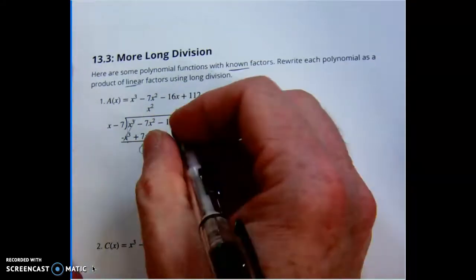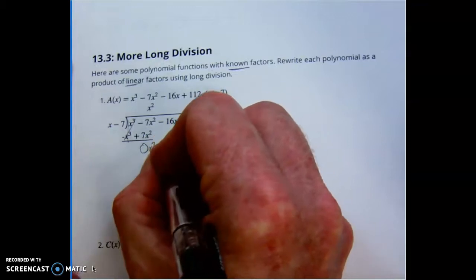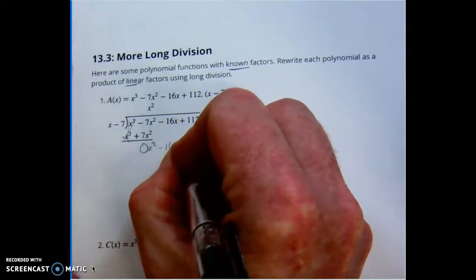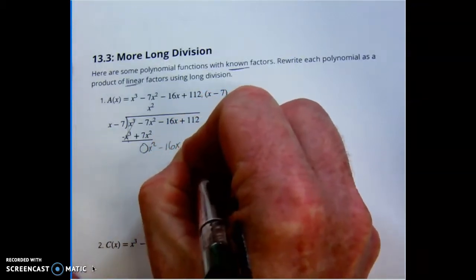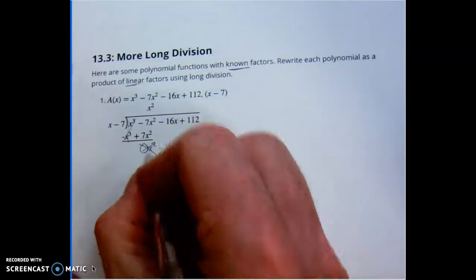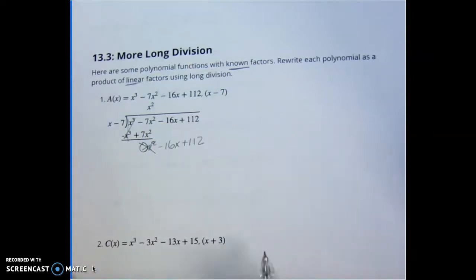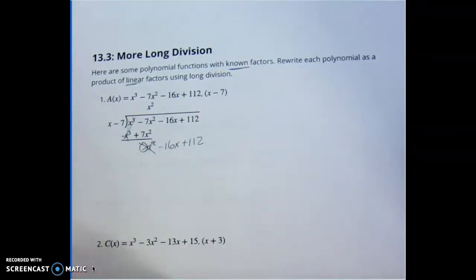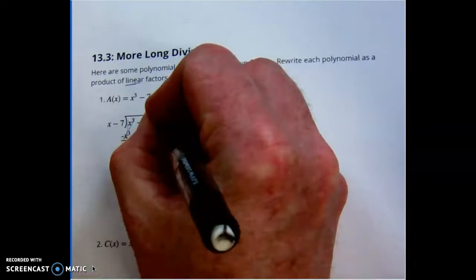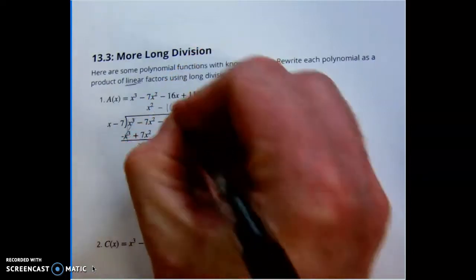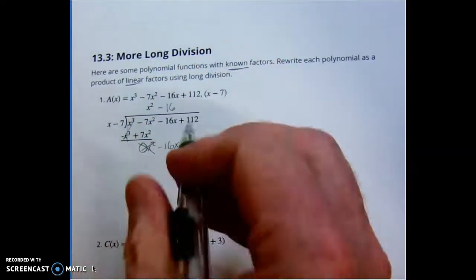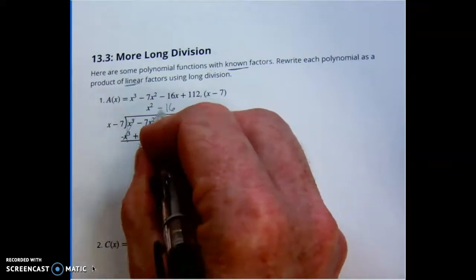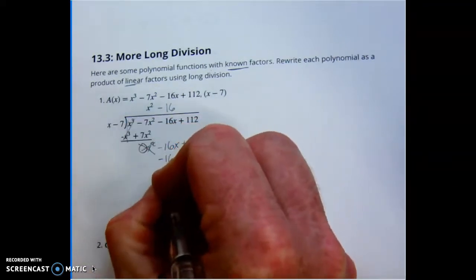So that means we're going to bring down minus 16x plus 112. So this just goes away. We don't need that now. So x times what gives us negative 16x? x times negative 16 gives us negative 16x.